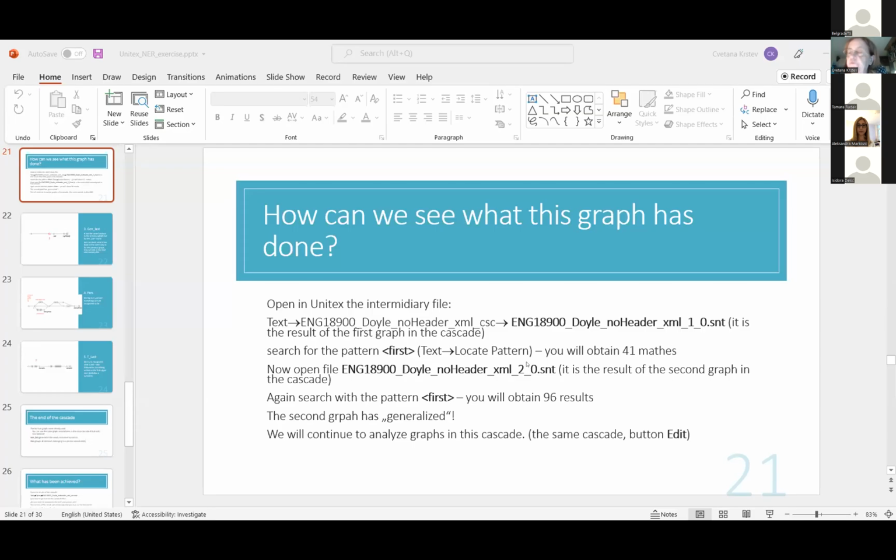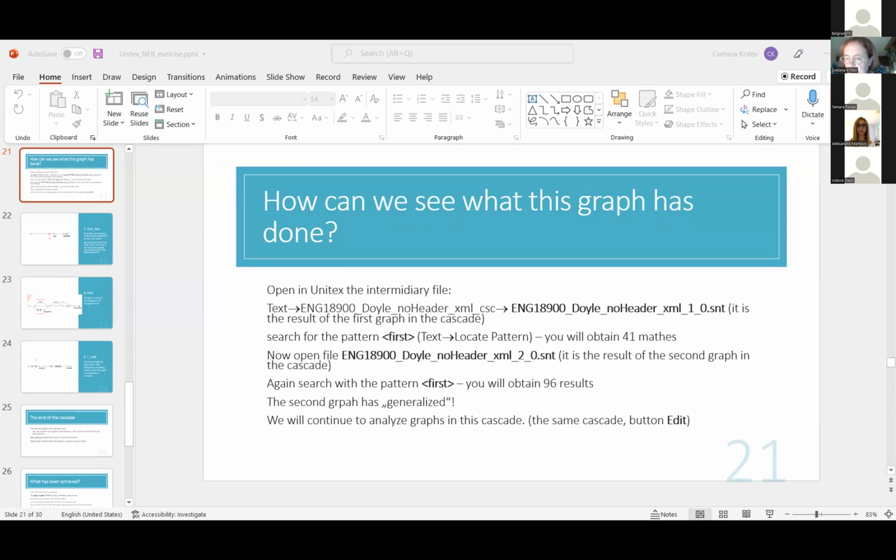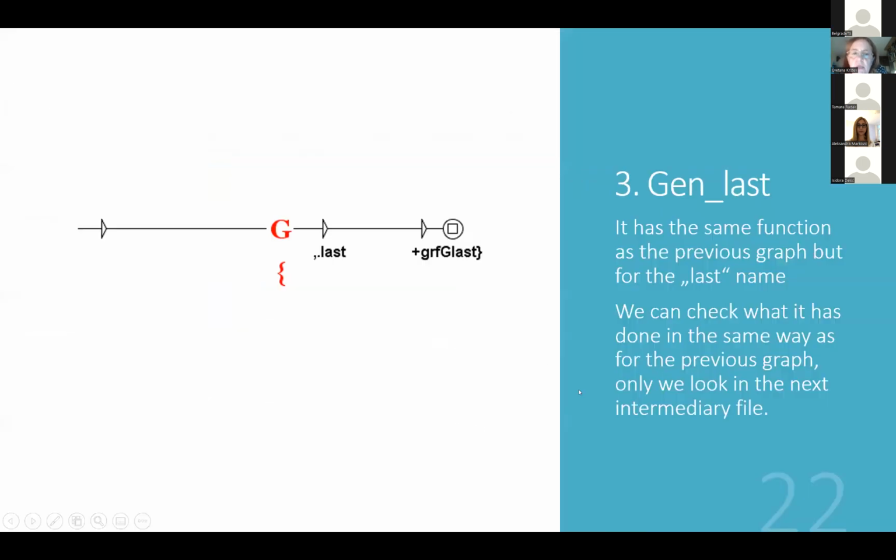And if you have done this and obtained whatever was needed, we can now proceed with the cascade, just to see what is in the graphs that follow.